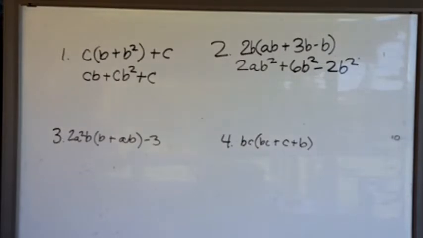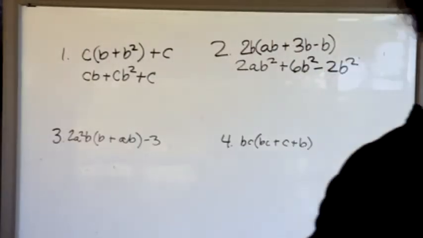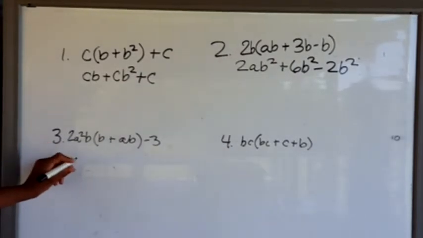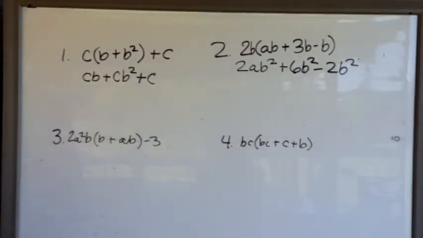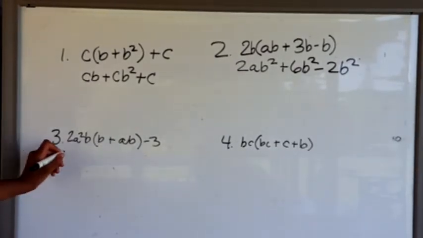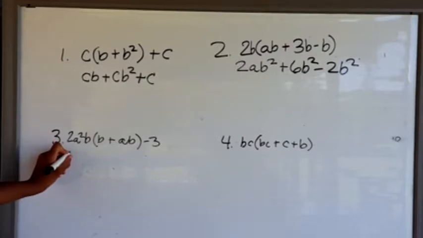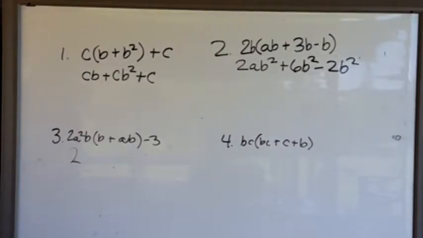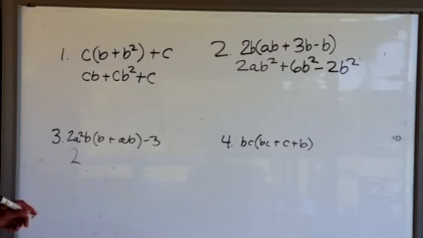Alright, Joshua, talk it out for us. So the equation is 2a squared b times b plus ab minus 3.